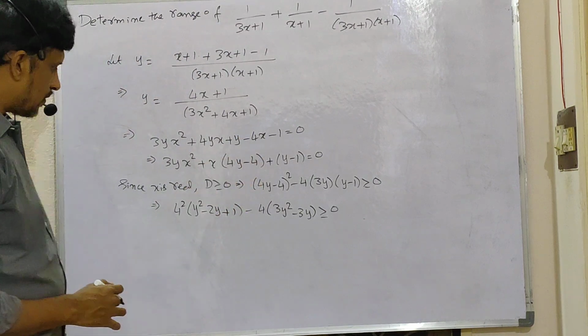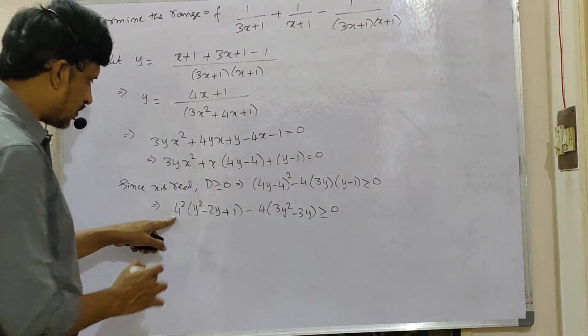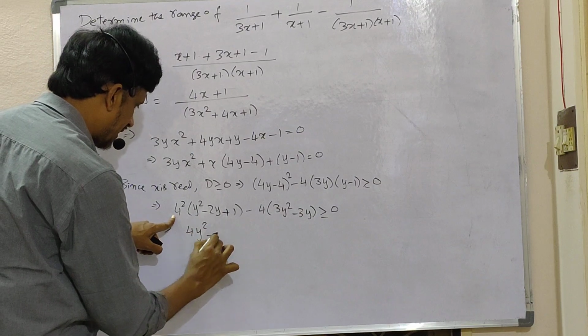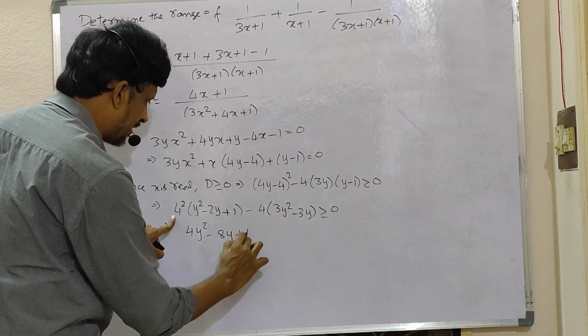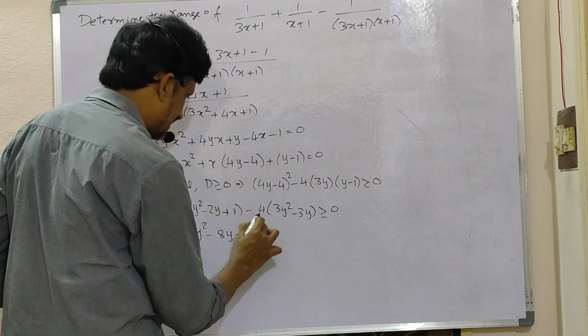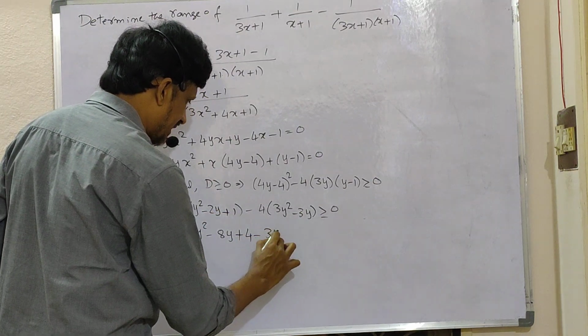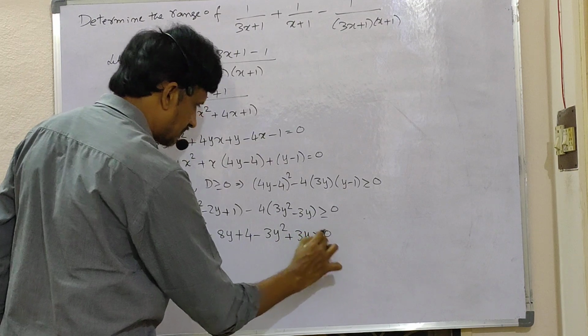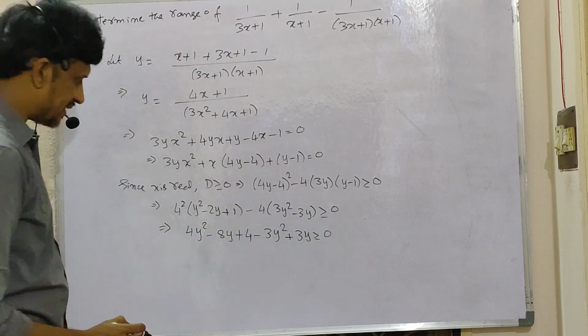Just divide by 4, then you are left with one more 4 here to multiply with. 4y² − 8y + 4, minus this is eliminated, write the remaining 3y² plus 3y. If you divide by 4, you will get it like this.